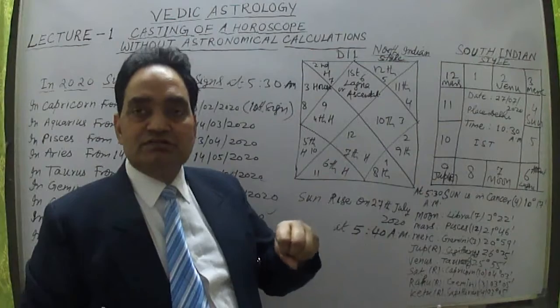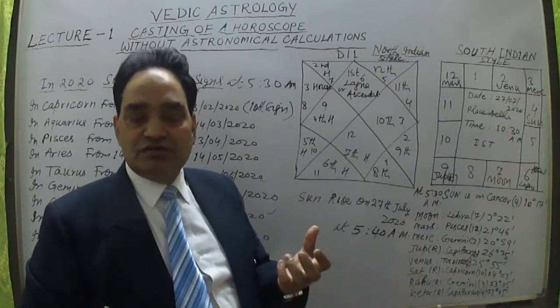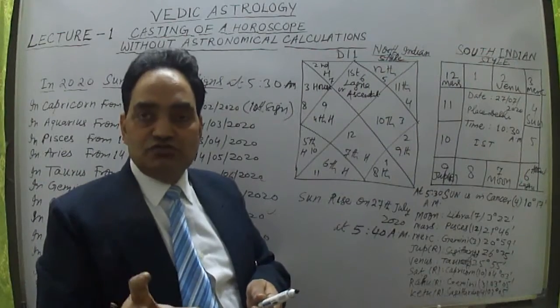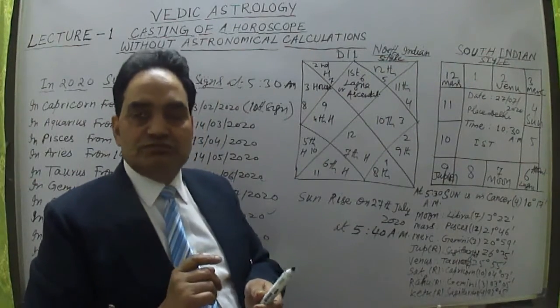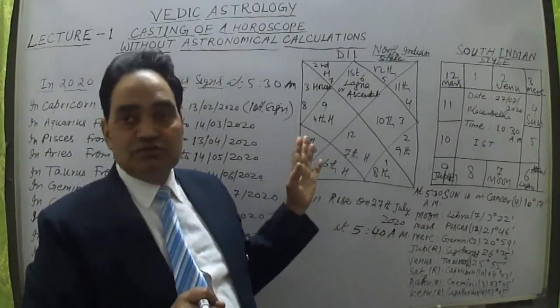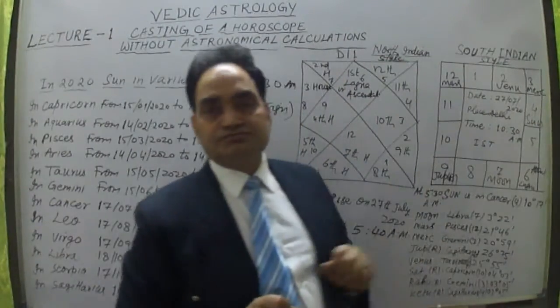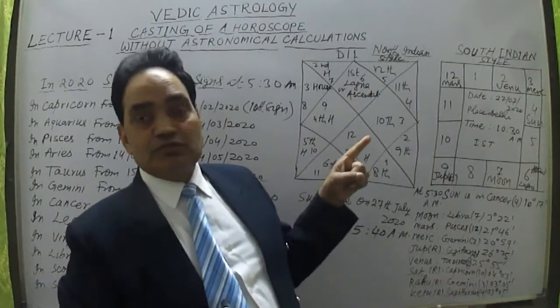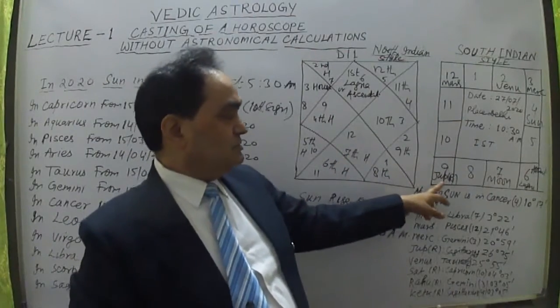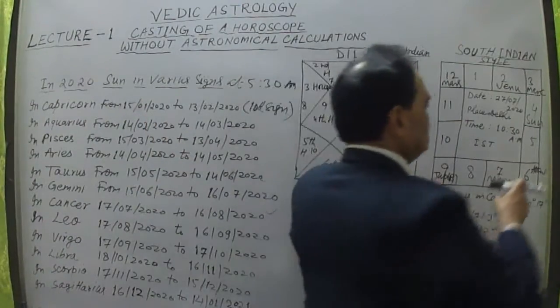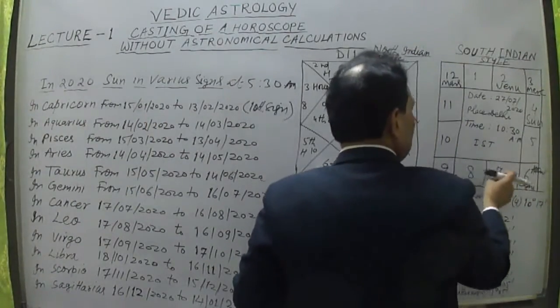The outer planets may become retrograde if they are in the 5th, 6th, 7th or 8th house from Sun, counting from Sun's position. Now Sun's position is here, the 12th house. From the 12th house, how many houses away is Jupiter? We count here: 1, 2, 3, 4, 5, 6.